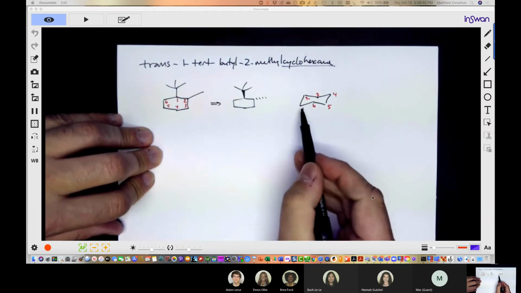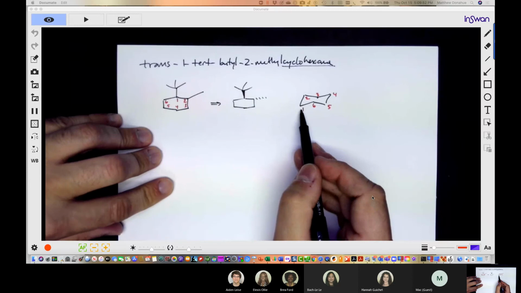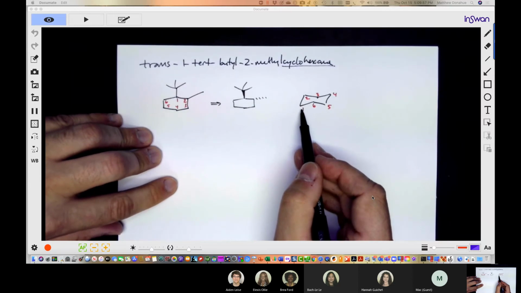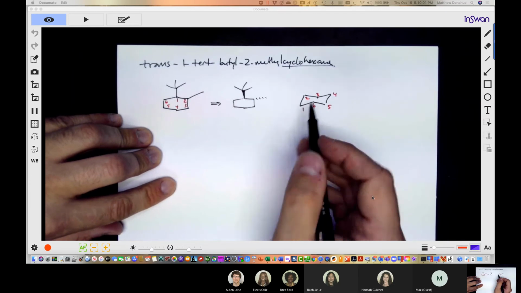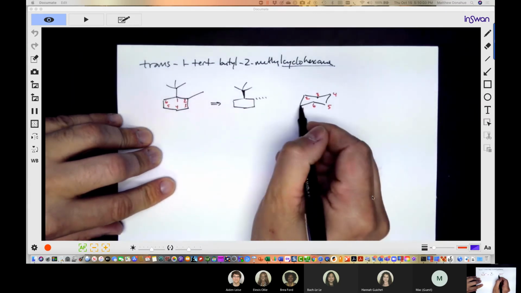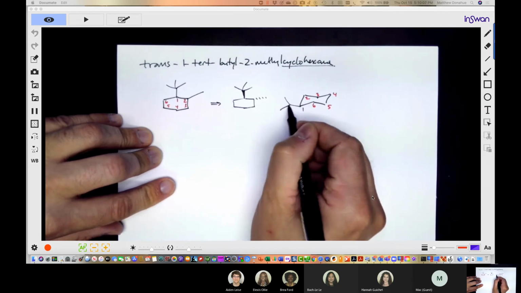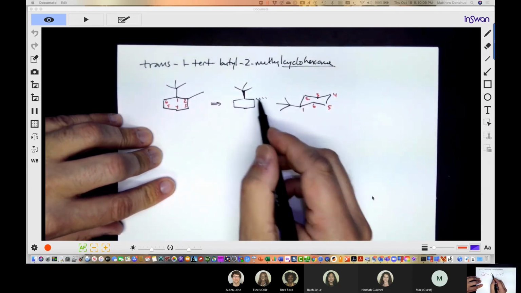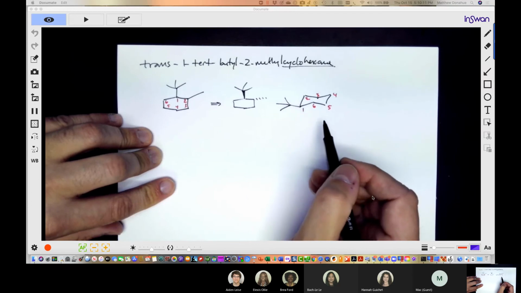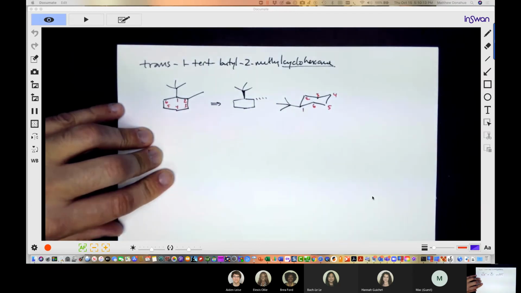So the tert-butyl group at position 1 should be what? Equatorial or axial? So it's up. On this carbon 1, the up bond is equatorial. Then the methyl group at position 2 should be what? Equatorial or axial?